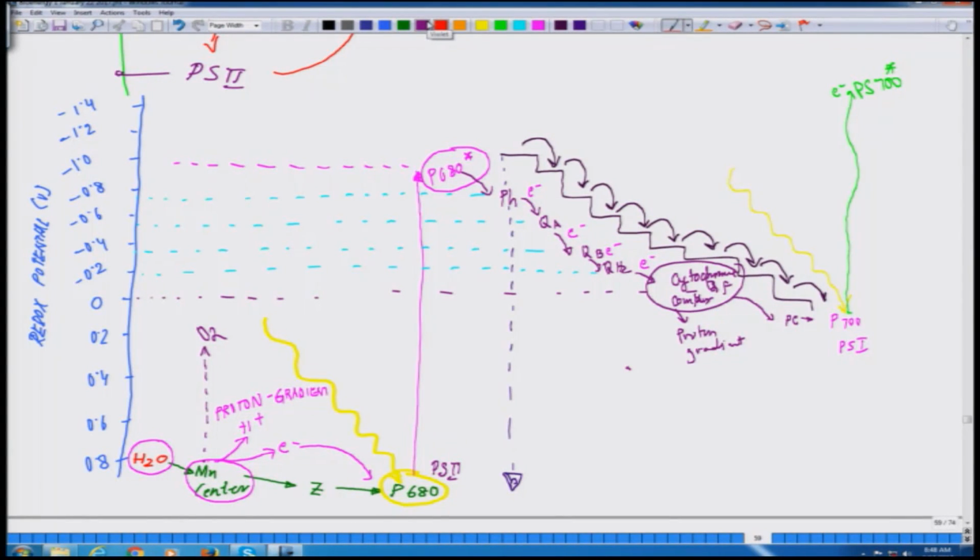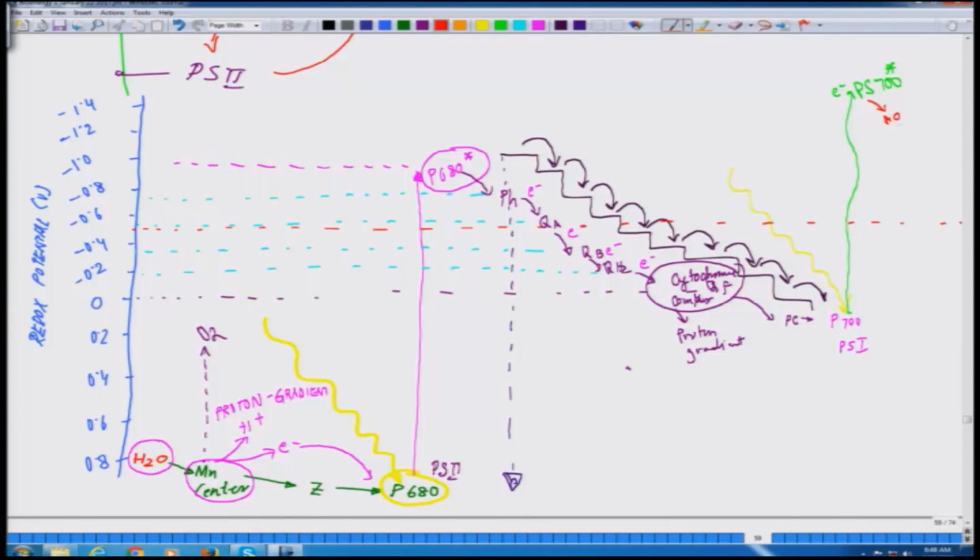From here it is given to an electron acceptor A0, and by the time this happens, let me just draw another line, because NADPH finally when it happens is around -0.4.